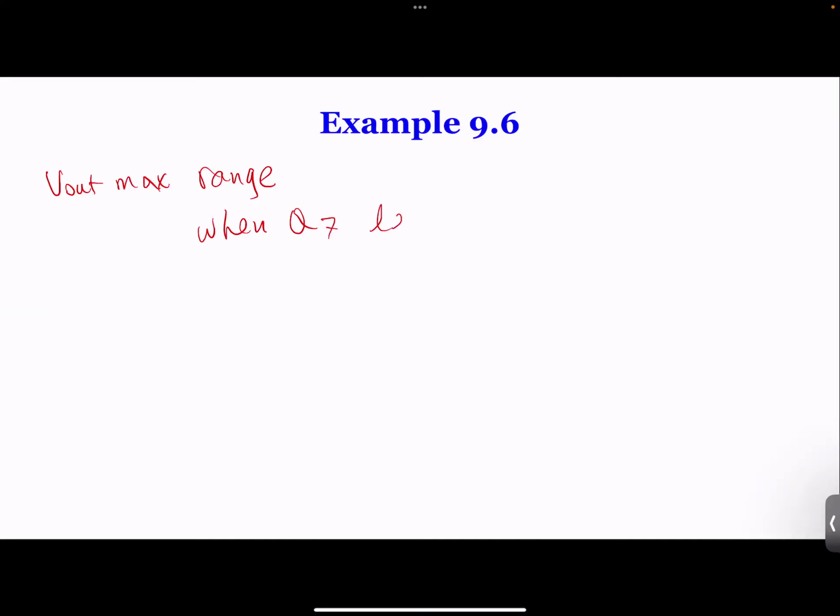So we can say that for maximum, Q7 leaves saturation, and VDS7 is 0.2 volts, or SD7 in this case. I think it's better to say SD7. Therefore, VO max equals 1 minus 0.2 equals 0.8.